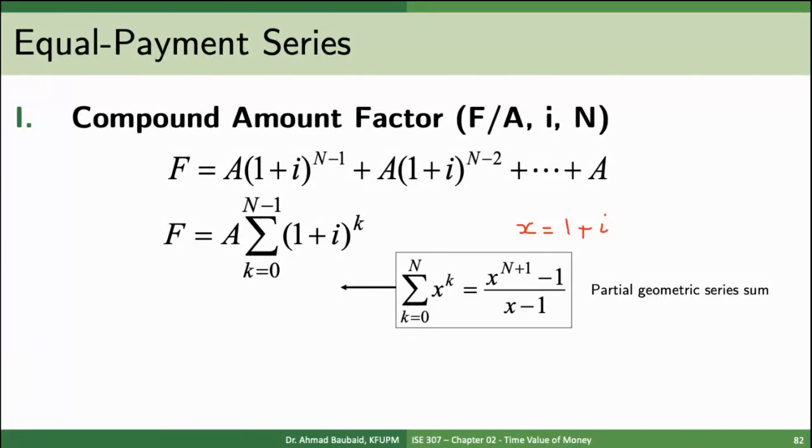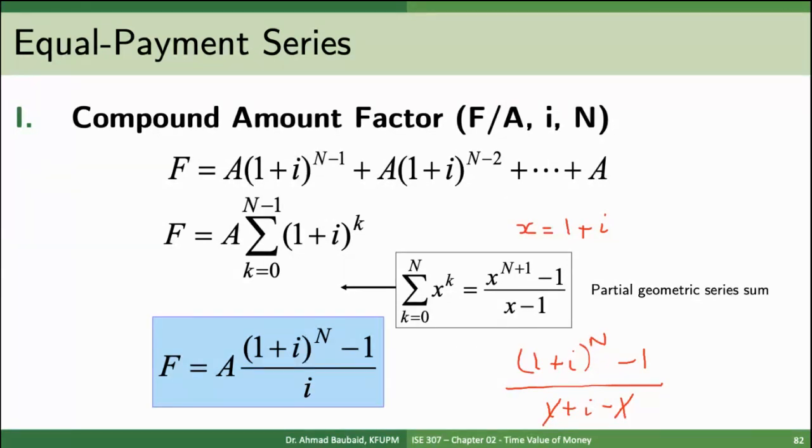So 1 plus i to the power n, minus 1, divided by x minus 1. But I know x, for my case, is 1 plus i, minus 1, right? And so these ones cancel. And so I'm left with 1 plus i to the power n minus 1 over i, which is exactly what we found before. All right, so this is just the proof or the derivation for this formula.